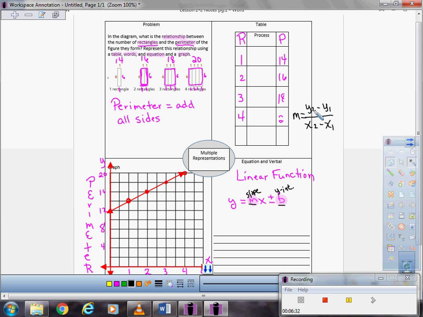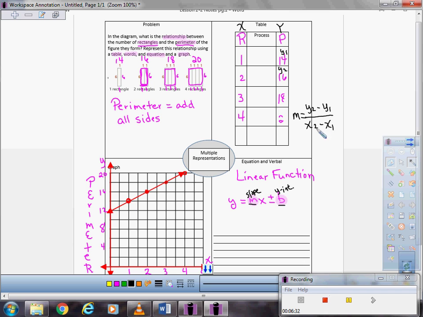This y2 is literally referring to the second y. Because if you think about it, these are your x's, these are your y's. We graphed them over here, x, y. So when it says y2, they're talking about your second y, which is this one, minus y1. It's your first y.